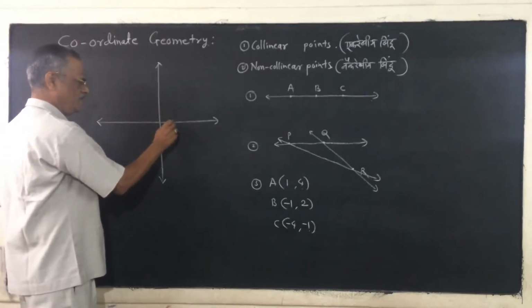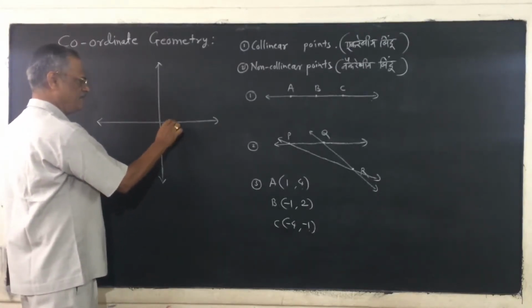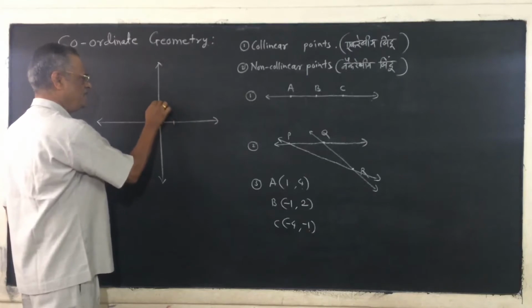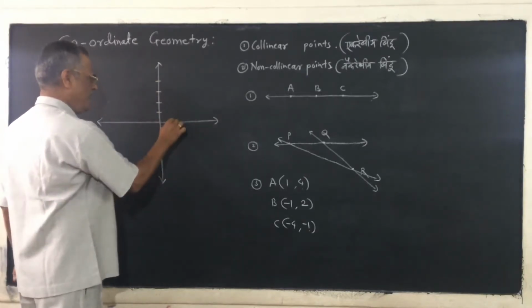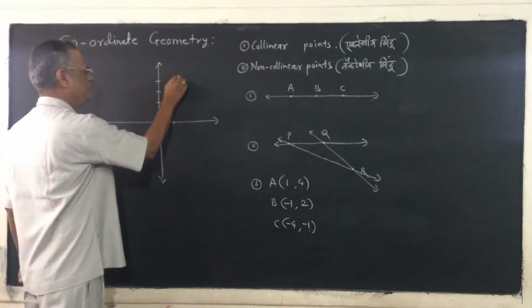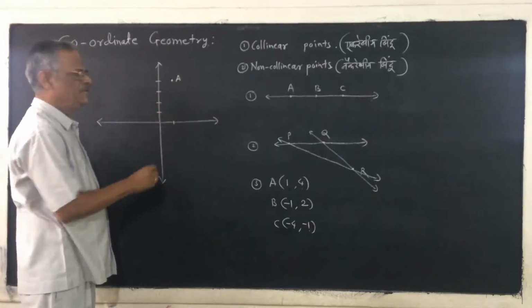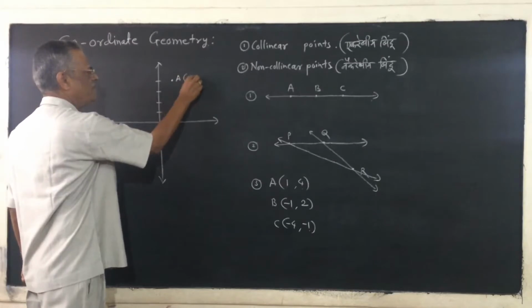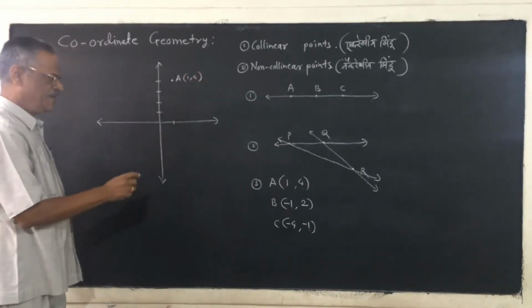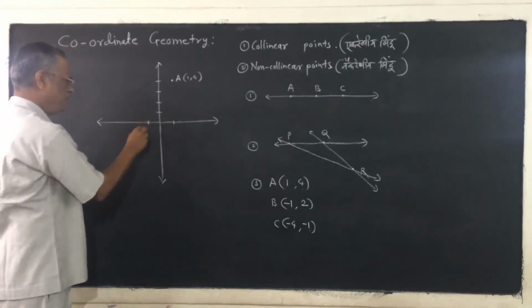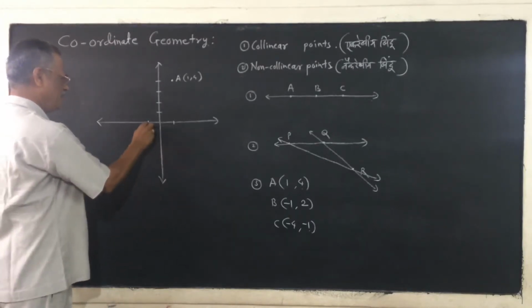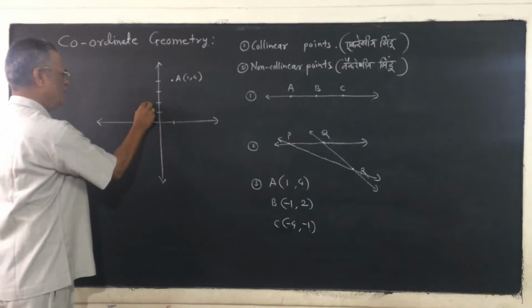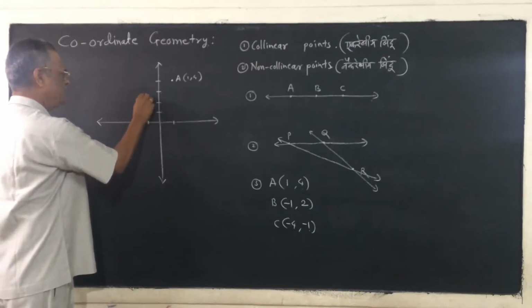So approximately 1 is here, and 1, 2, 3, 4. We can plot the point A. Coordinates are 1, 4. We can try to plot the point -1, 2. For example, this is our B point.